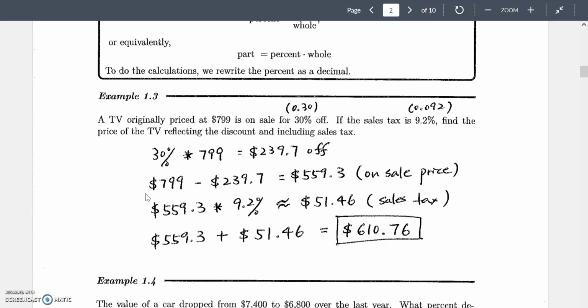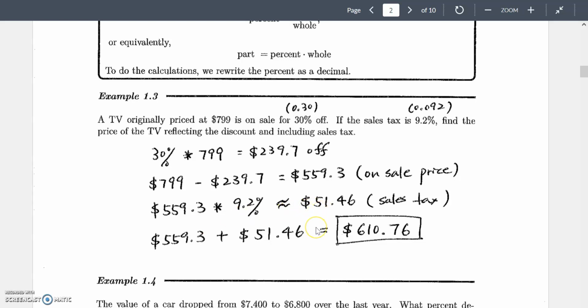Now, before we leave the store, we have to pay the tax. So the tax is 9.2% of the new price. Again, "of" means multiply. So we take $559.30 times 9.2%. Again, 9.2% means 0.092 on your calculator. All you have to do is take 9.2 divided by 100. Then we multiply that number by 559.3.